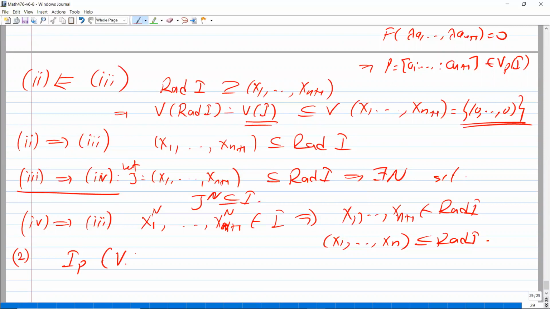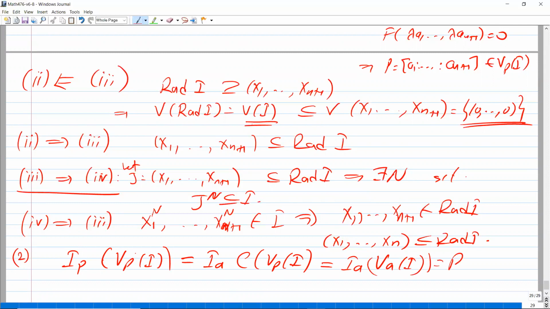IP VPI is equal to the radical of I. This follows from the above two lemmas and the Hilbert affine Nullstellensatz.